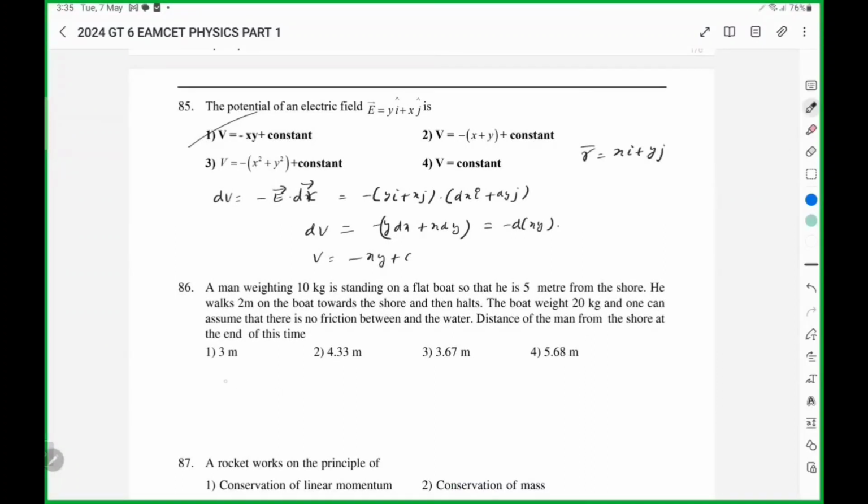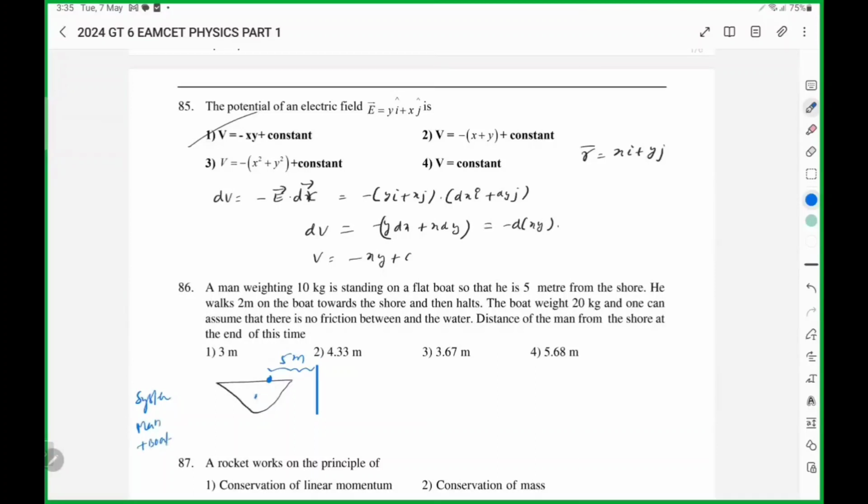So a man weighing 10 kg is standing on a flat boat so that he is 5 meters from the shore. The shore is somewhere, and the man is at a 5 meter distance. So here the system means man plus boat.